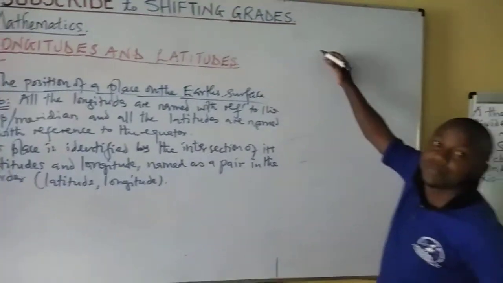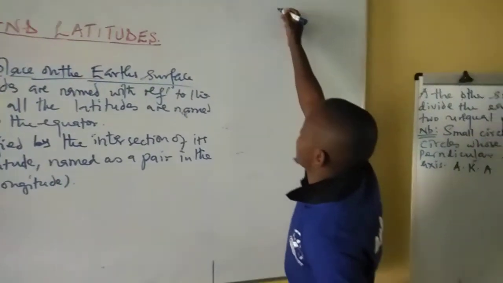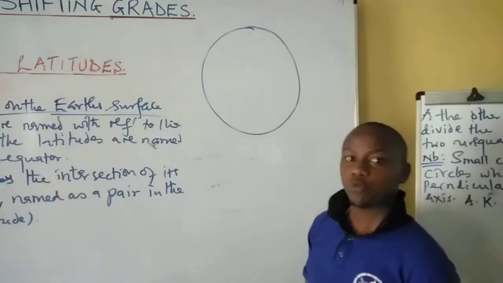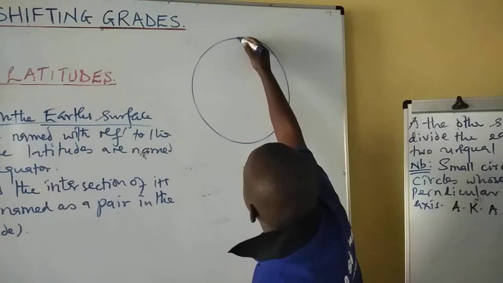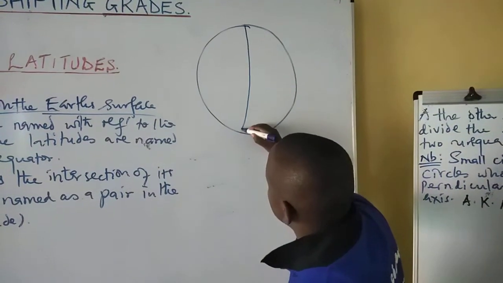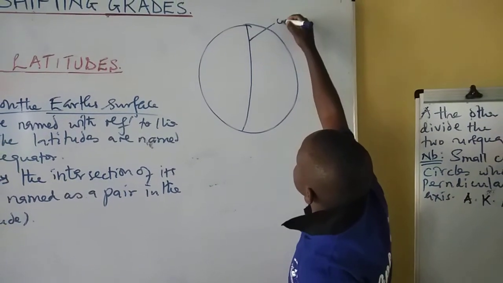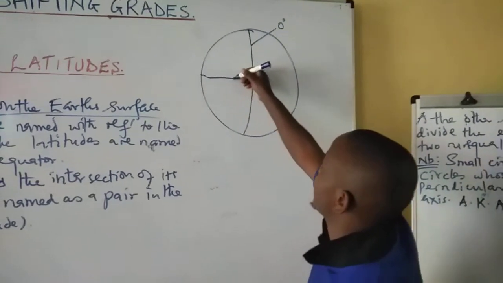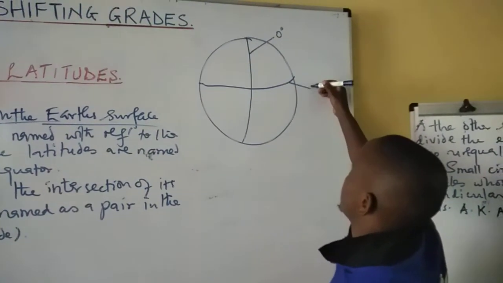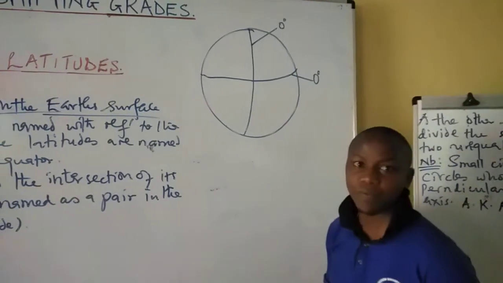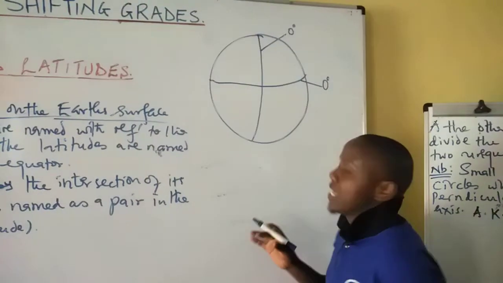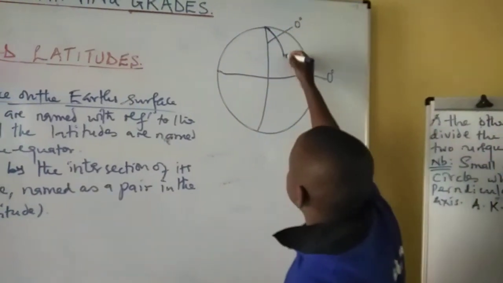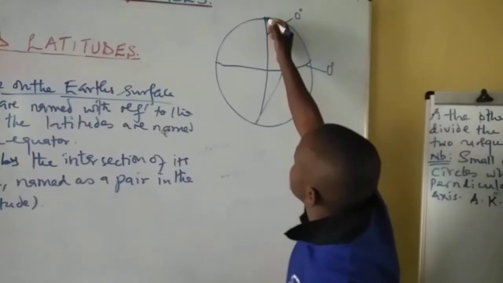When we have the sphere of the earth like this, we are saying that we have the prime meridian or the Greenwich meridian, which is 0 degrees. Then we also have the equator, which is 0 degrees. Now with that, you will find that we have longitudes which are going downwards like this.